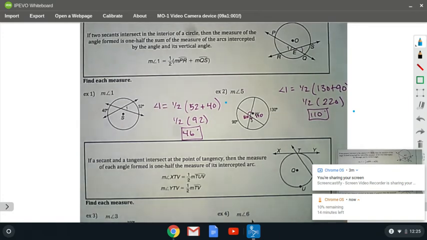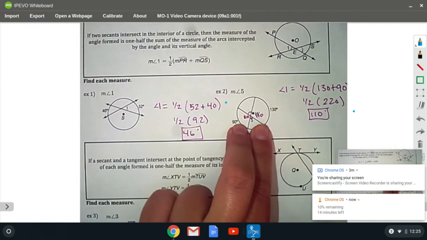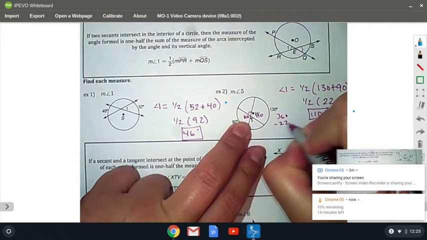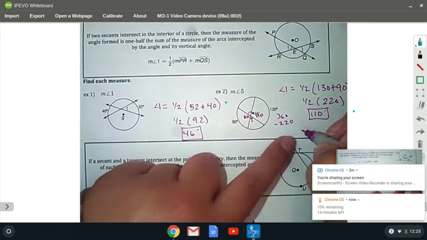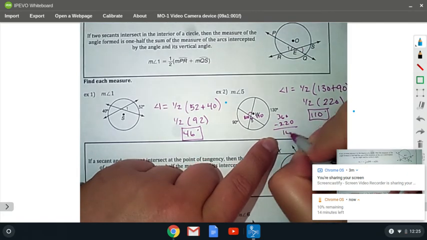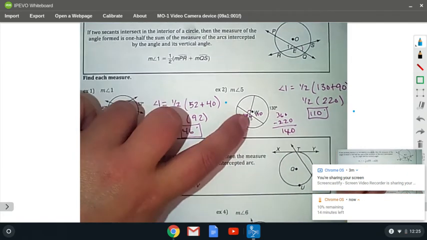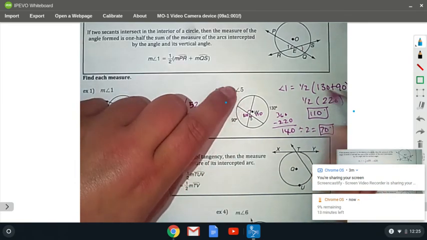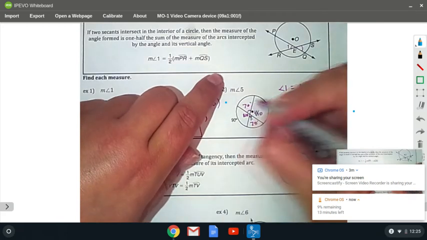Whatever I put in there has got to add to 360 with these two 110s. So I'm going to do 360 minus 220 because that's the two 110s together. And when I do that, I get 140. 140 should be split evenly between these two angles. So I'm going to divide by 2 and I get 70. Angle 5 would be 70.